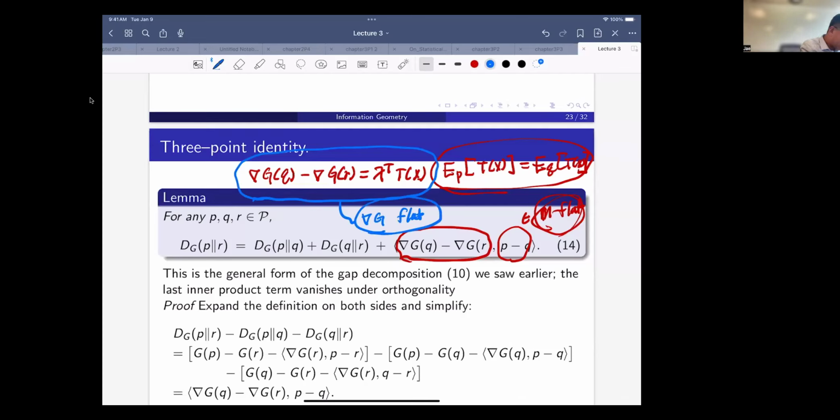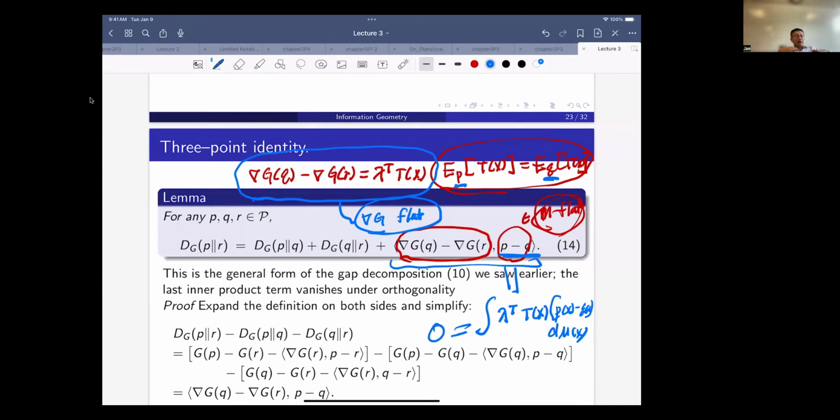And this inner product is essentially doing the integration with respect to P minus Q. So this will be something like lambda times lambda prime T(x) times p(x) minus q(x) d mu(x). And because these p and q belong to the M flat, this is 0. So that is the whole idea.